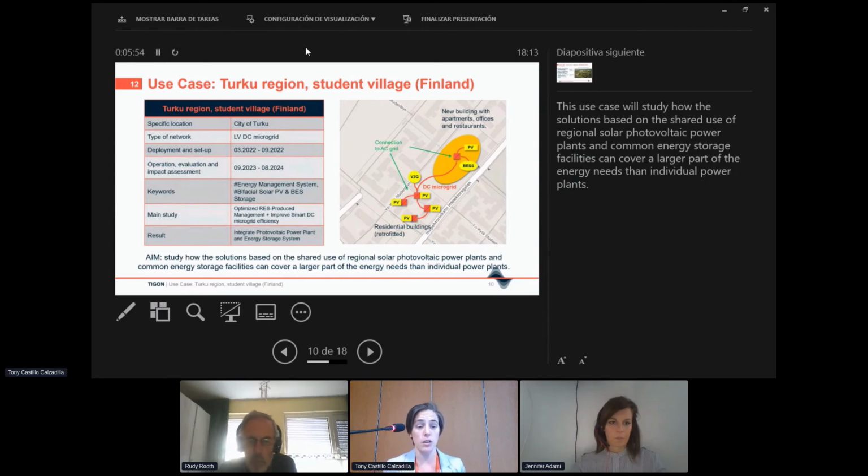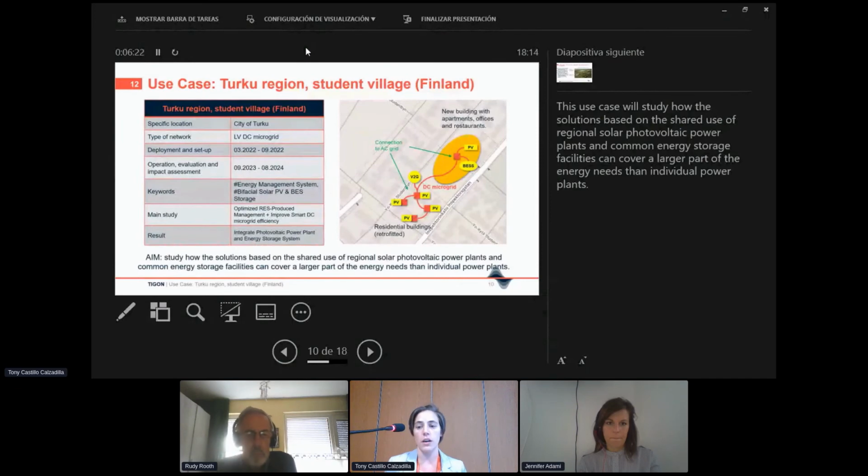And within Turku, the aim is to study how the different solutions that are already installed, which are based on a shared use of solar photovoltaic power plants and a shared use of energy storage facility, can cover a larger part of the energy needs compared to having individual power plants.